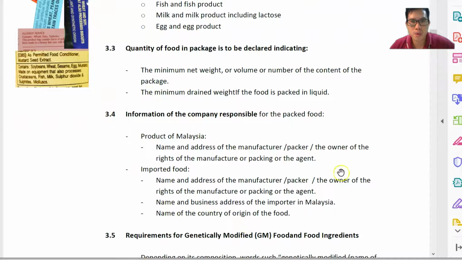This is very important so that we know who manufactured it. If there's any outbreak of disease, they can trace it back to who produced the food, so that they can look into what actually happened, and take preventive measures against the disease outbreak.